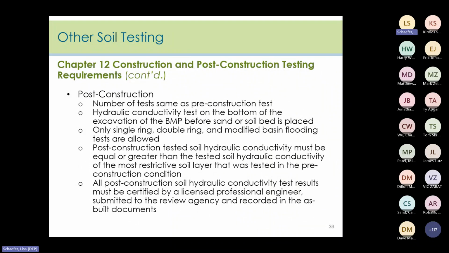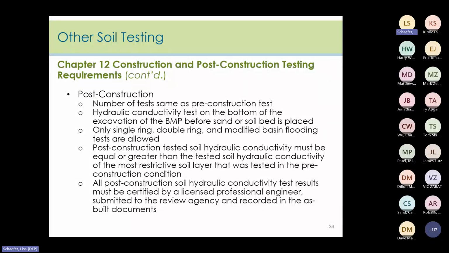The permitted test methods for post-construction testing are as follows. Only the single ring infiltration test, the modified basin flooding test, and the double ring infiltration test or a similar test that doesn't require a test hole in the soil layer are allowed.